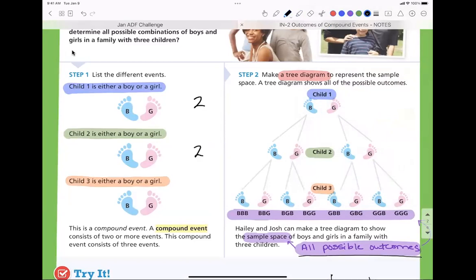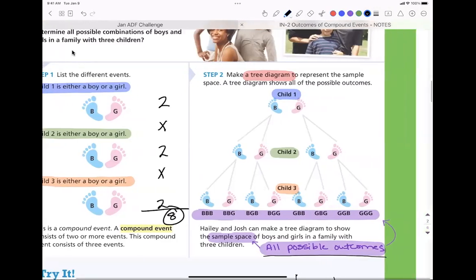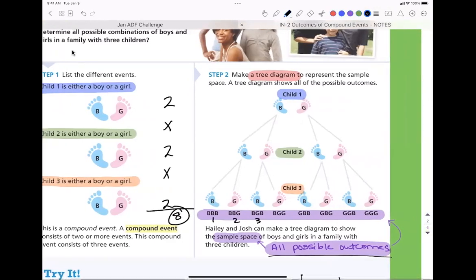Then child number 3, not even thinking about the other 2, has boy or a girl, 2 again. If you take 2 times 2 times 2, what do you get? You get 8. So it does pan out. Is there 1, 2, 3, 4, 5, 6, 7, 8? Yes, there is. There are 8 possible outcomes for the order of boy, girl when you have 3 children.